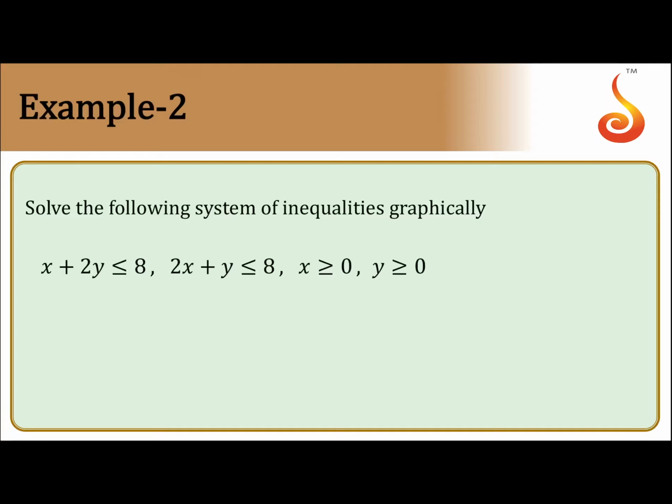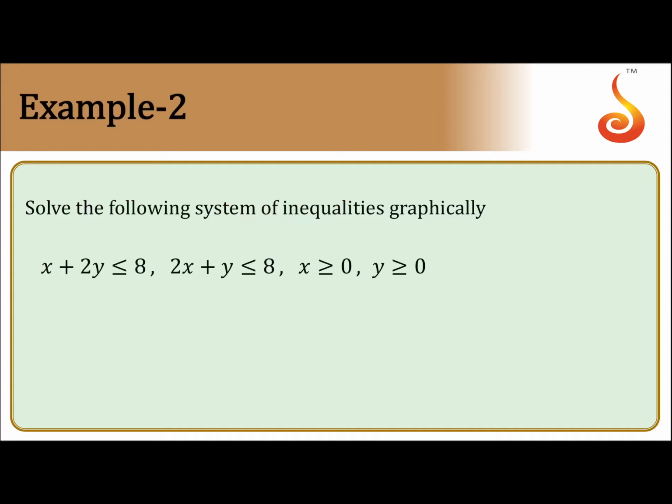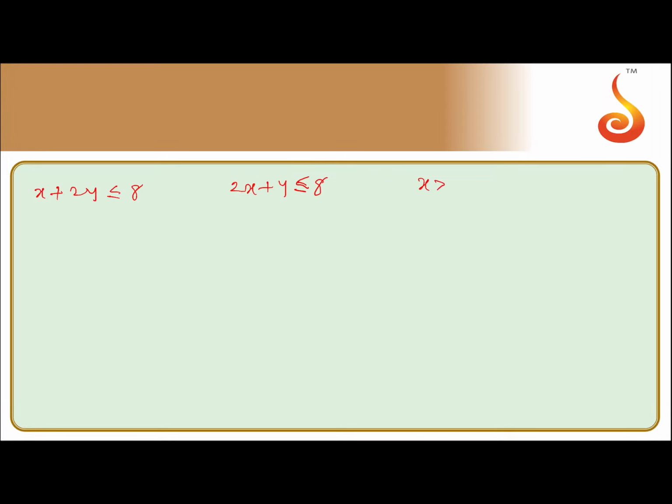So, the inequality is given to you as x plus 2y less than or equal to 8 and 2x plus y less than or equal to 8, x greater than or equal to 0, y greater than or equal to 0.